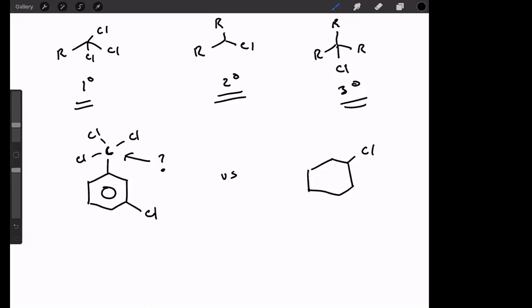Now, had these chlorines been something else, CH3 groups, now your answer should be, this is a tertiary substrate. Does that make sense now? Why won't this carbon do substitution? Let's see if we can remember that from just a few minutes ago.